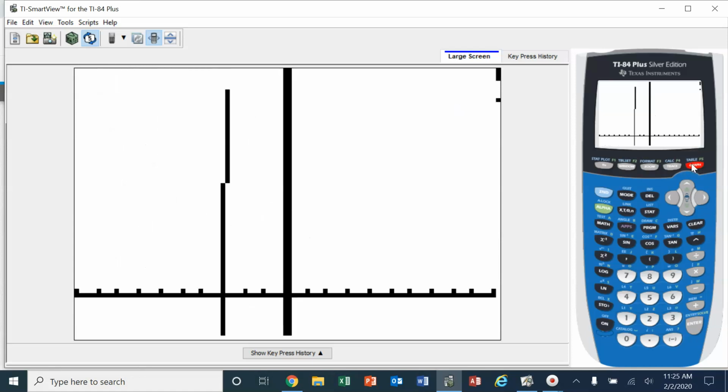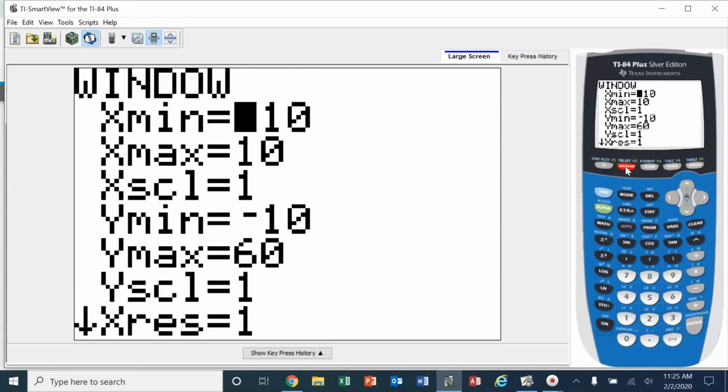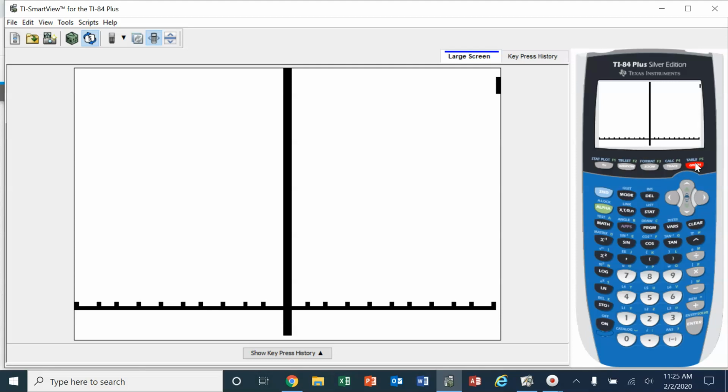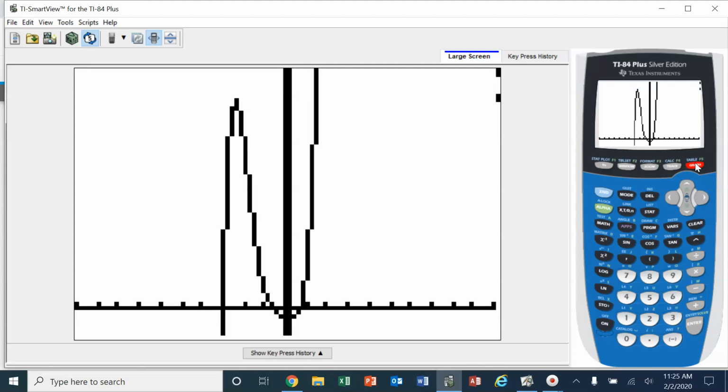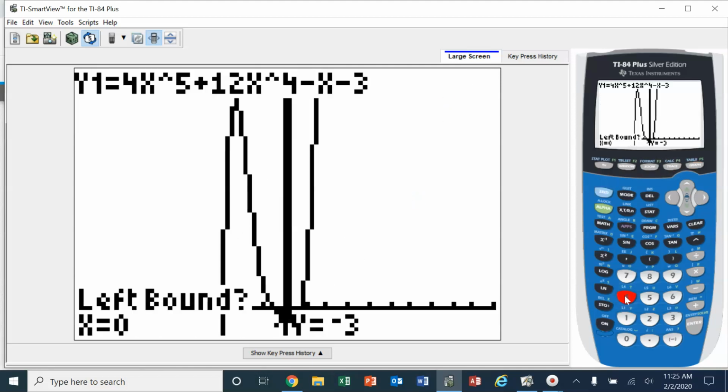Hopefully that's enough. Oh, that's not even enough. Okay, I'm going to jump to 90. There we go. Okay, so now I can see my maximum.